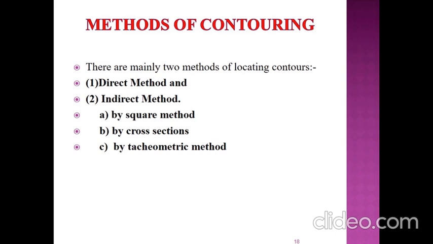The indirect methods are those in which the points are selected at random, the positions and elevations of which are not necessarily located on a contour line. The positions and reduced levels of all such points are then determined. Thereafter, contours are drawn by interpolation.